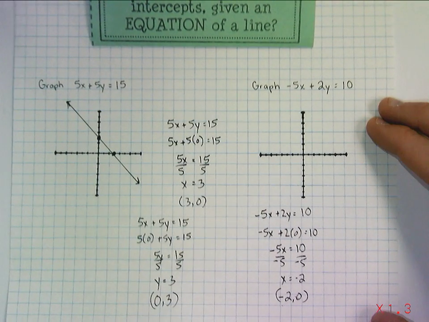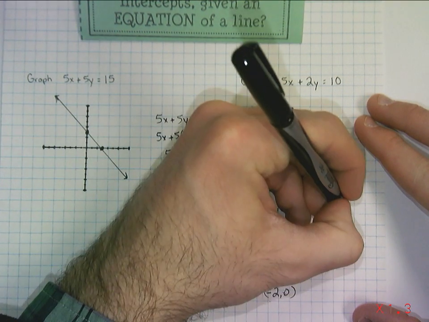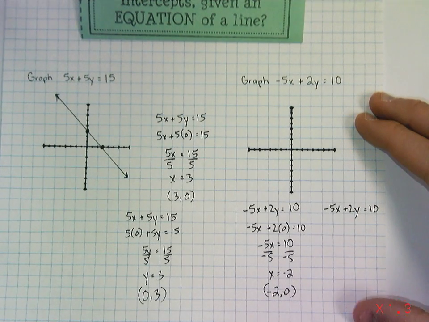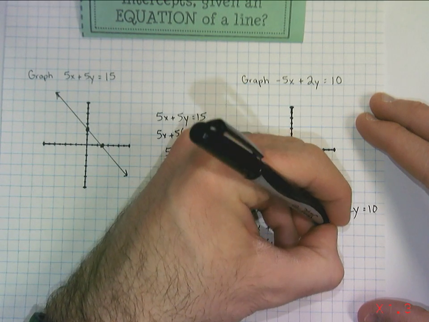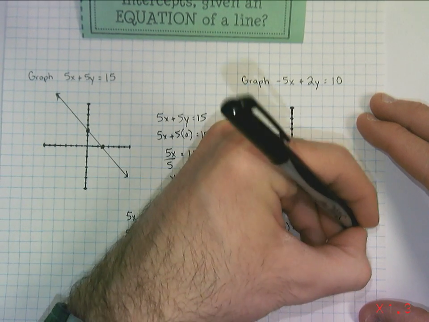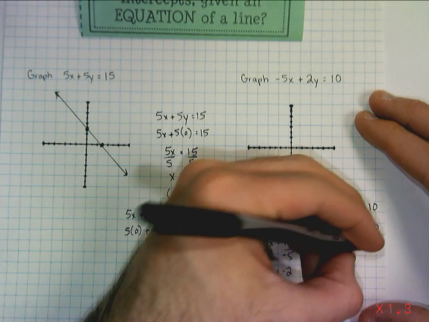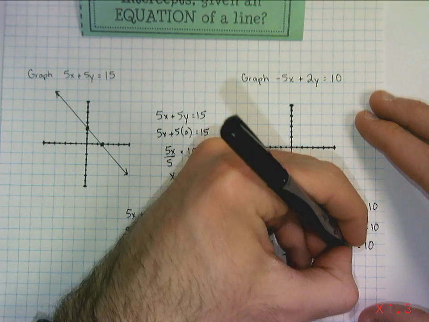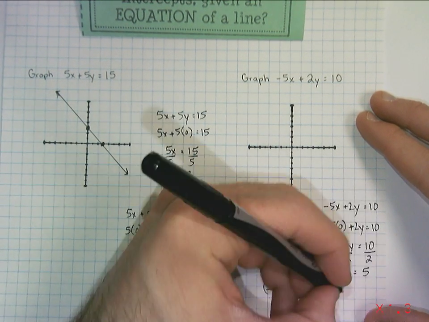We need to find the y-intercept yet, so rewrite my equation. Negative 5x plus 2y equals 10. We're going to have to put 0 in for x to find the y-intercept. Negative 5 times 0 plus 2y equals 10. Negative 5 times 0 is 0. 2y equals 10. Divide by 2, divide by 2, y equals 5.